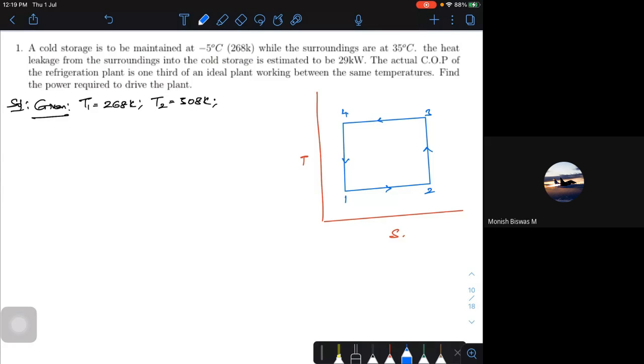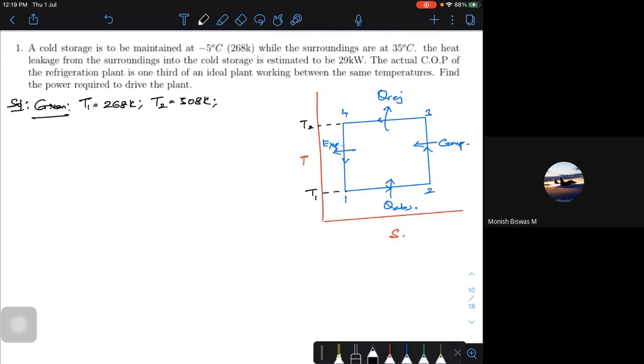So here we have compression, heat absorption, heat rejection, and expansion. One process happens at the constant temperature T2, and the other at constant temperature T1. It's a simple representation of your reversed Carnot engine, which is also called a Carnot refrigerator.